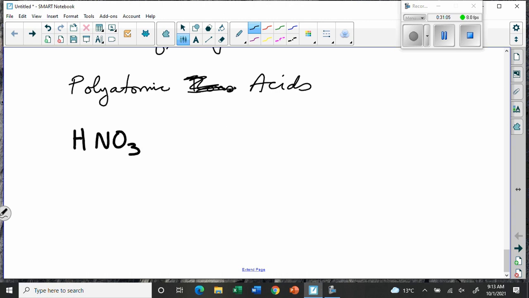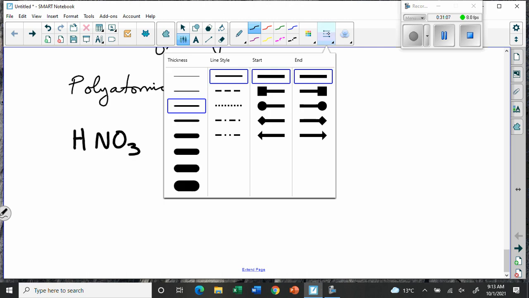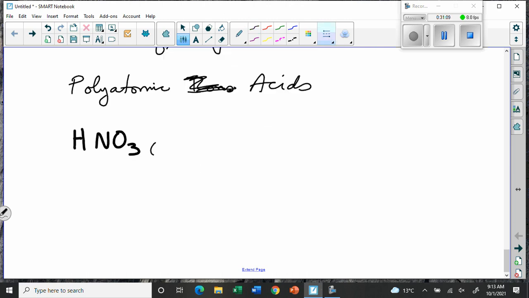Remember nitrate. And we put our little AQ beside it as a little subscript. What do we call that? Well, it's not a binary acid, so we're not going to say hydro. We're just going to use the name of the polyatomic ion alone to name it. But we're going to call it ic though. So nitrate joined to hydrogen produces what's called nitric acid.